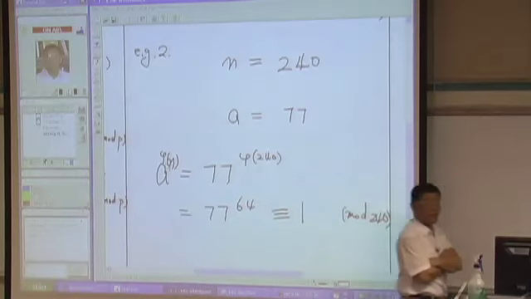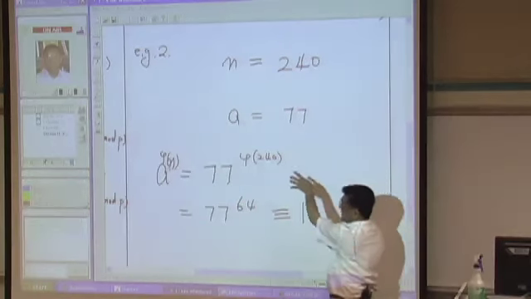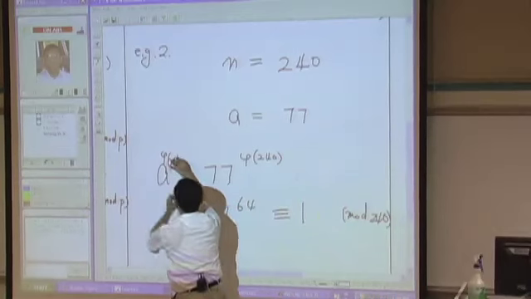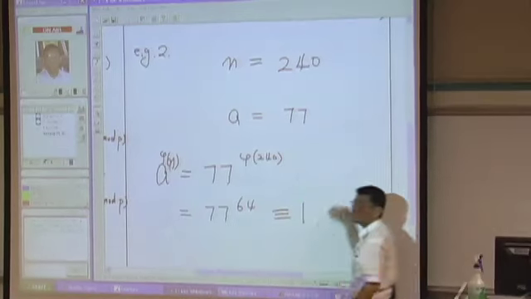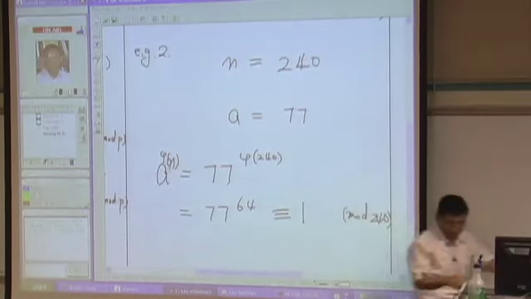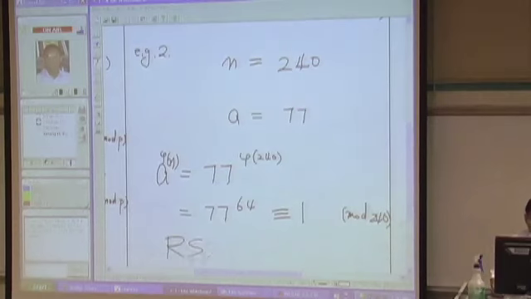So no matter what n you choose, once you pick a relatively prime base, then the relatively prime base to the power of phi of n is always 1. This is Euler's theorem. And the very, very important RSA encryption depends on this property.